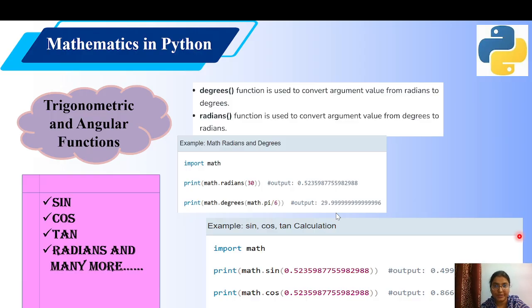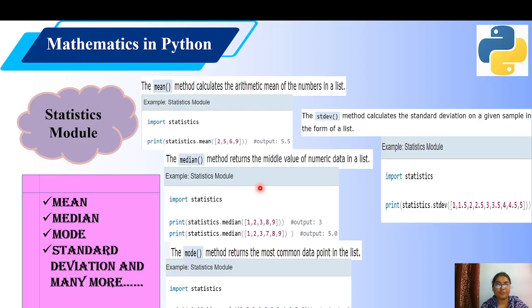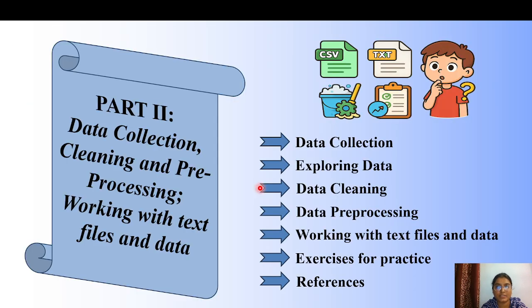So back to our PPT. These things we have already discussed: trigonometric and angular functions, and we have studied the statistics module. In this part one, we have studied the basics of Python, the control structures, and mathematics and statistics in Python.